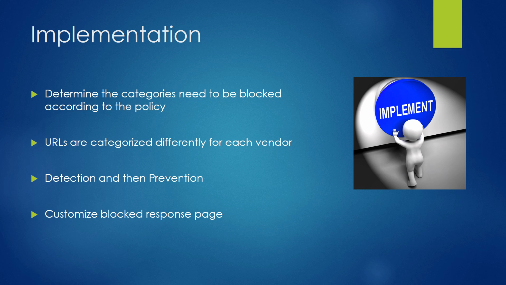While you're implementing a web filtering system in detection mode, it gives you insight into the nature of the users' activities in the network. And based on the assessment in detection mode, you can devise the prevention policy where the websites will be blocked in a more decisive fashion.